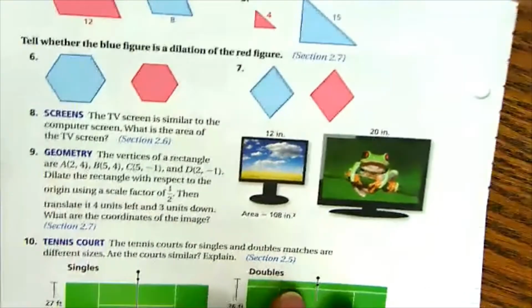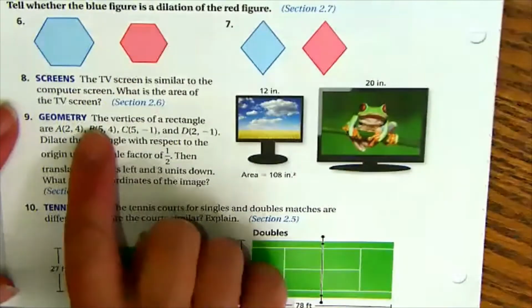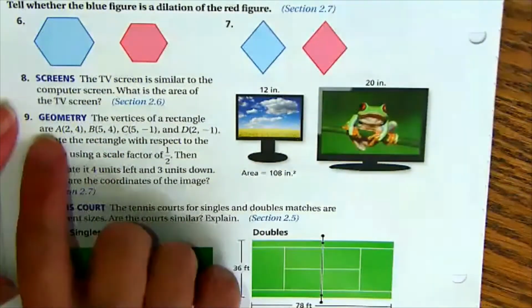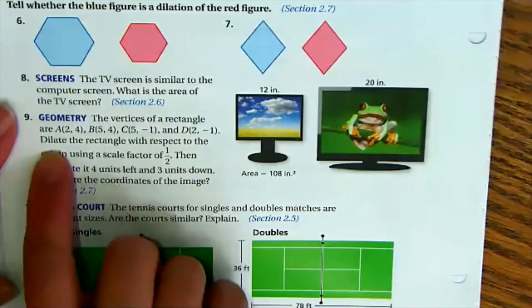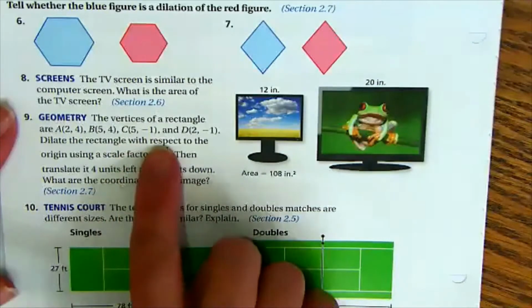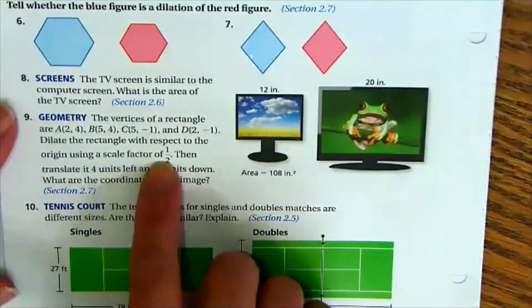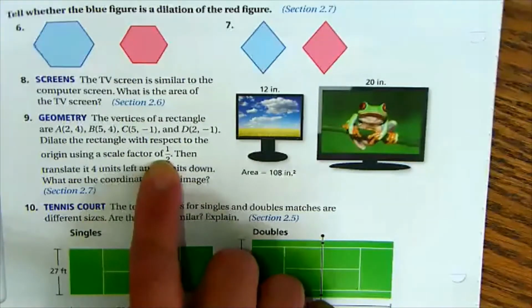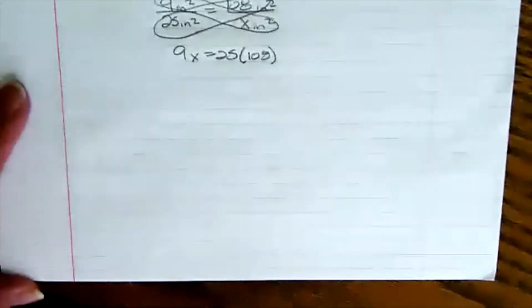Now let's take a look at number 9, geometry. The vertices of a rectangle are A, B, C, and D. Dilate the rectangle with respect to the origin using a scale factor of 1/2. Okay, we know how to do this.